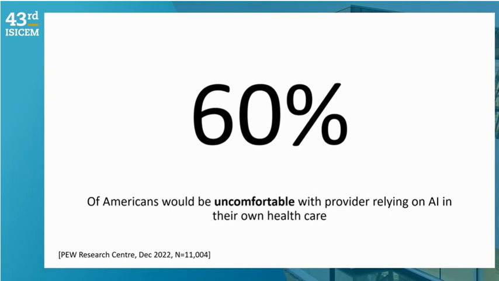This is a recent survey, December 22, 11,000 people responding and coming up with this rate. So again, that means careful. We need to progress with full transparency, full accountability about what we're doing, how we're using people's data, and obviously keep everyone in the loop.